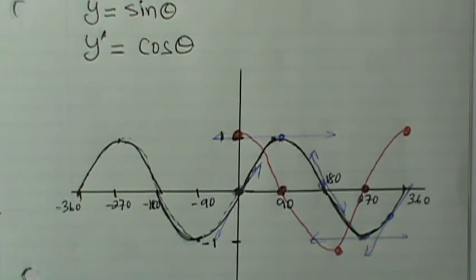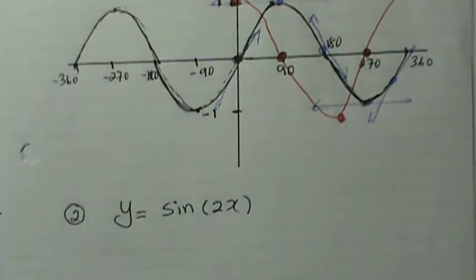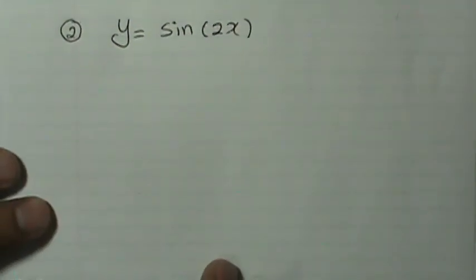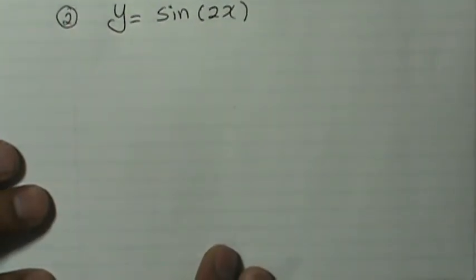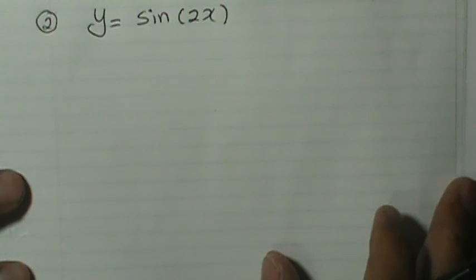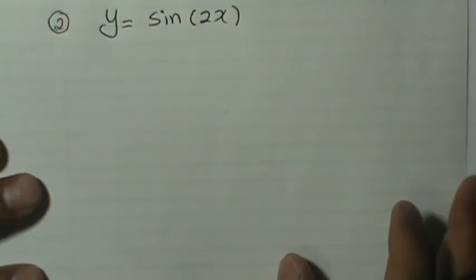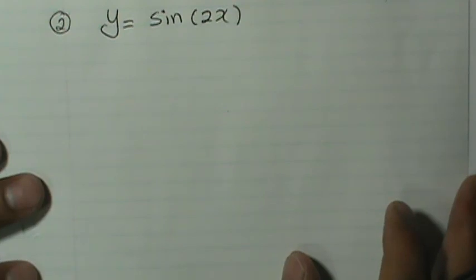Let's do another example. I earlier mentioned that we don't forget to also consider the derivative of theta. So here's another example. We have y equals sine 2x, or sine 2 theta. 2x represents the theta for the sine function here.